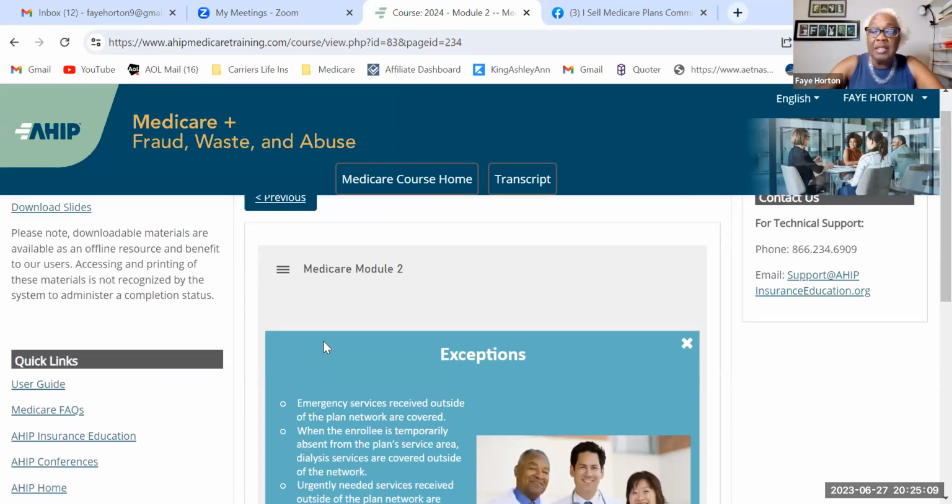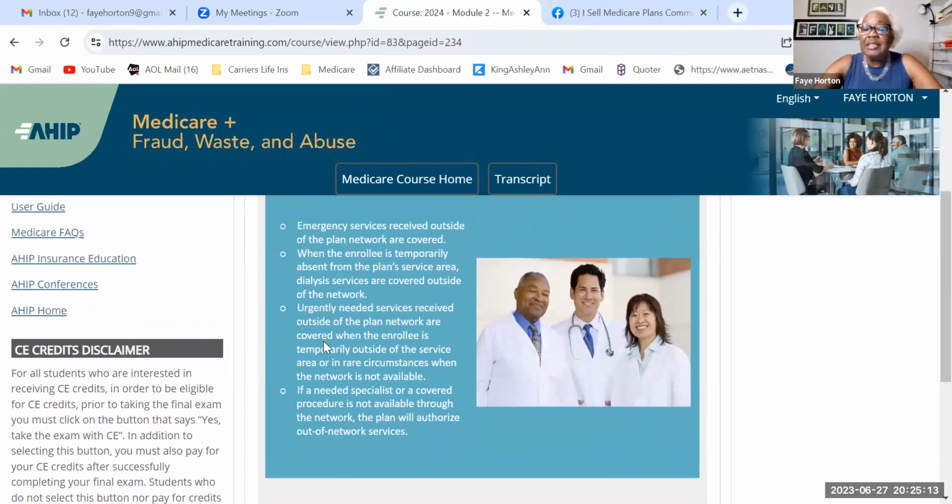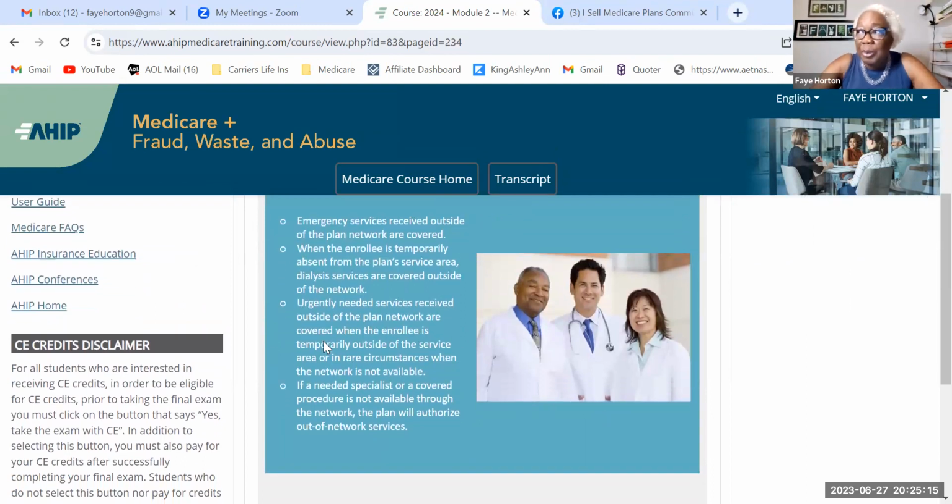So it says, click on this picture for exceptions. These are the exceptions for the HMO plan. Emergency services received outside of the plan are covered. When an enrollee is temporarily absent from the planned service area, dialysis services are covered outside of the network.